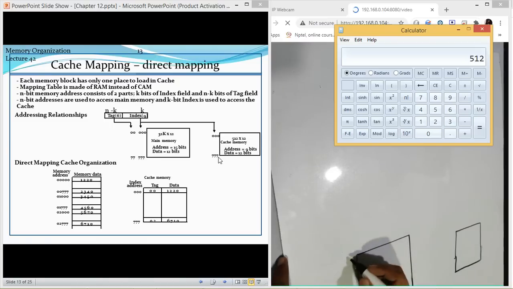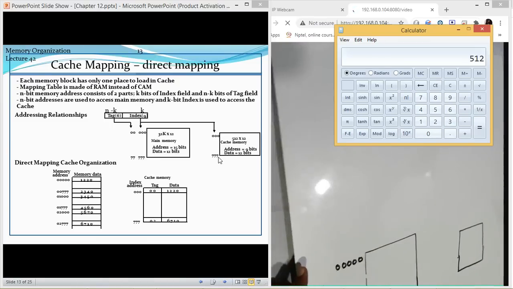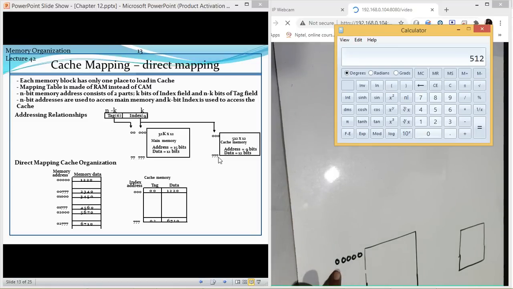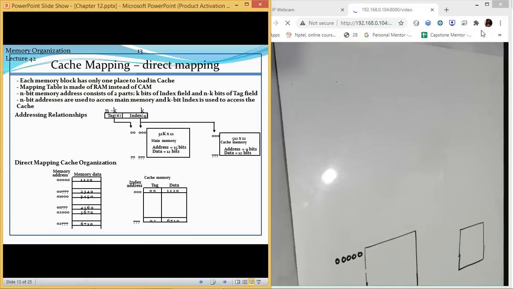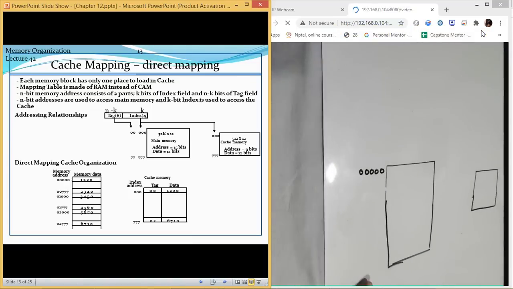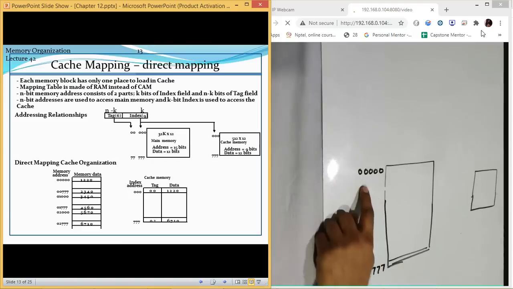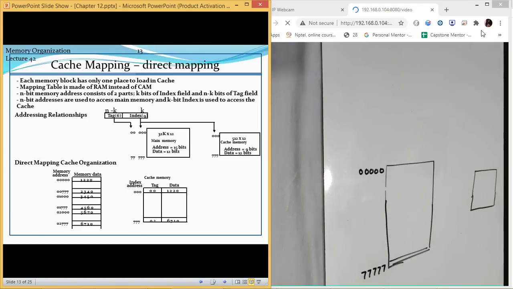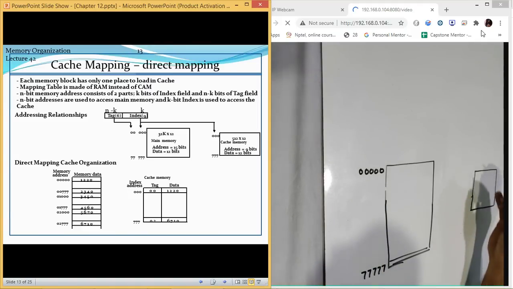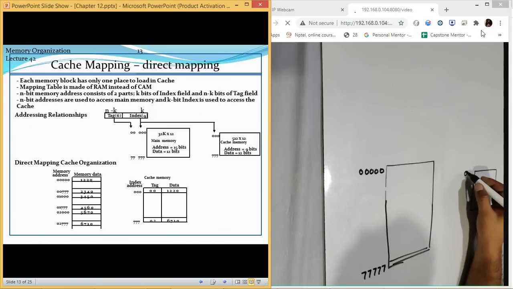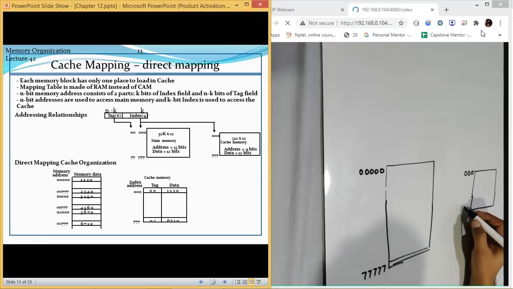So we are going to start from 00000, five digits which represent 15 bits, and the last address will be 77777. So this is the first address, this is the last address, and the memory which we are having for cache is only this much.